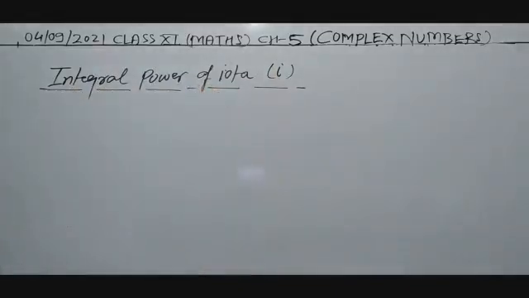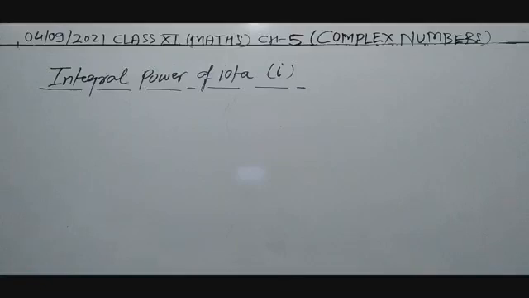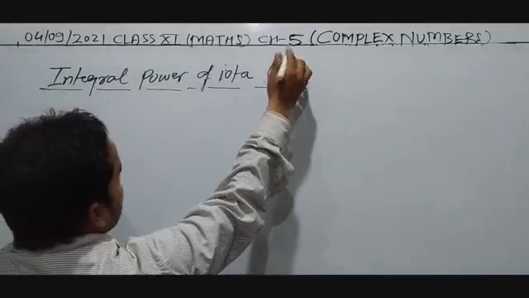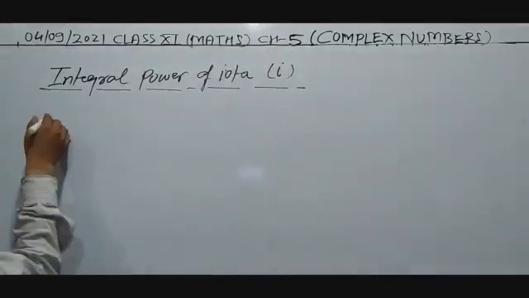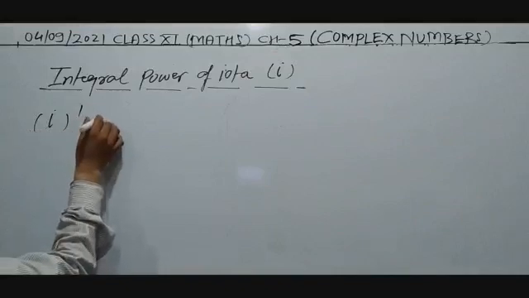In this topic you will see some expressions and values. Iota means i, and its value means i to the power 1.